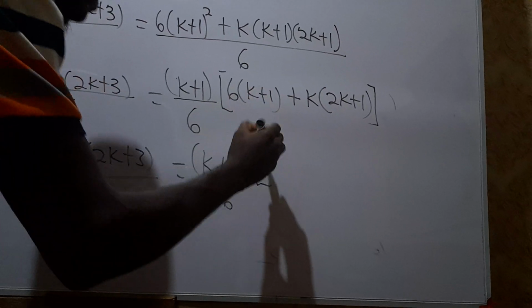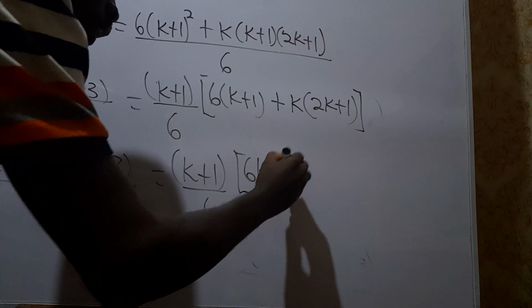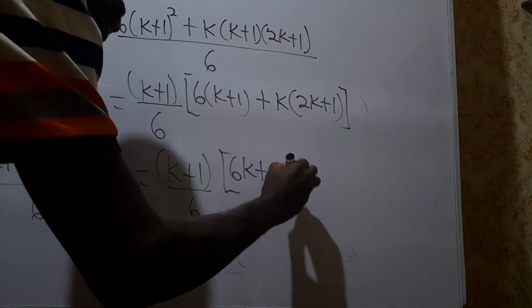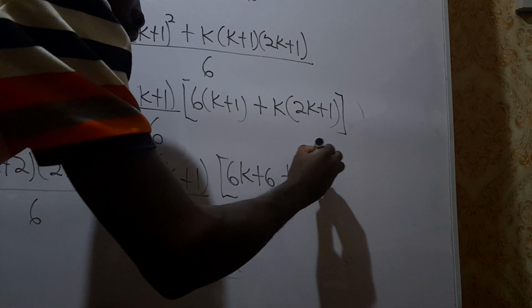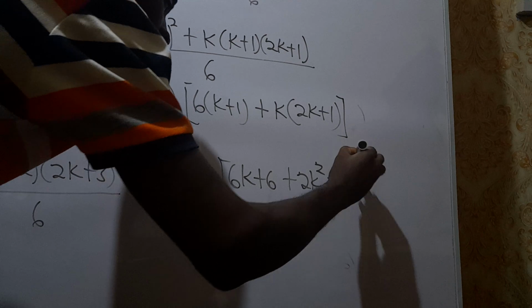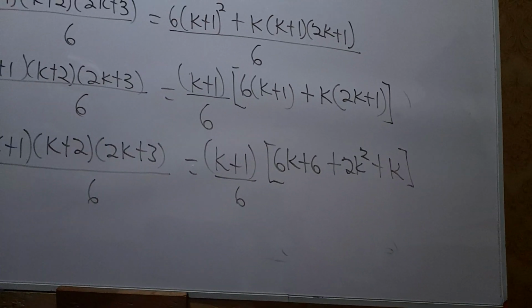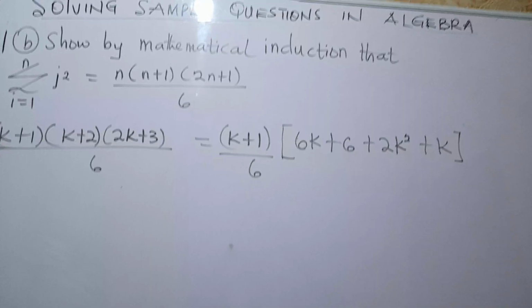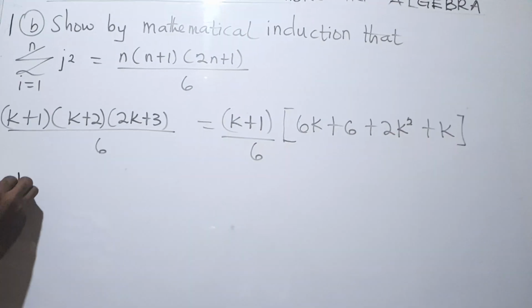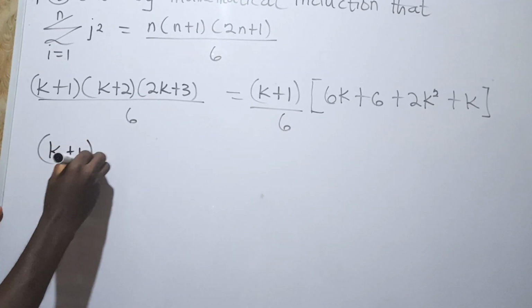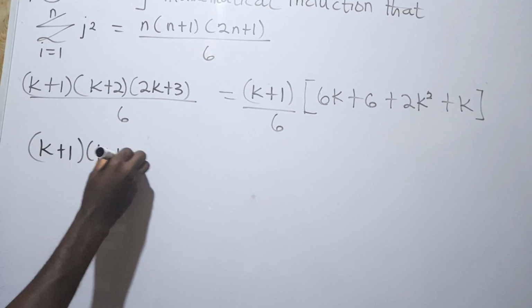Then we expand this, we get 6k plus 6. Then this will give us 2k squared plus k. So I want to simplify further.